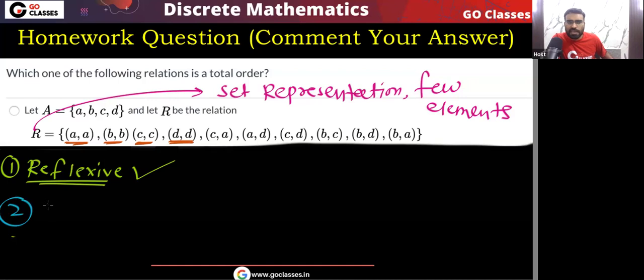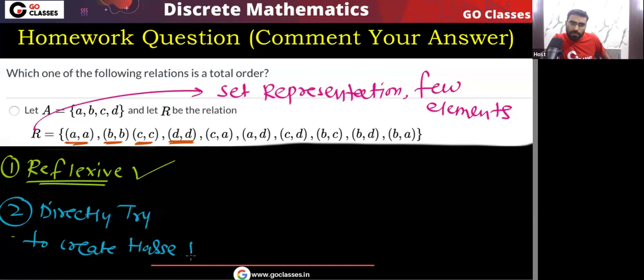Now directly create the Hasse diagram. If the antisymmetric property is not there, then you will see there is some kind of problem. What I'm suggesting is to directly try to create the Hasse diagram.